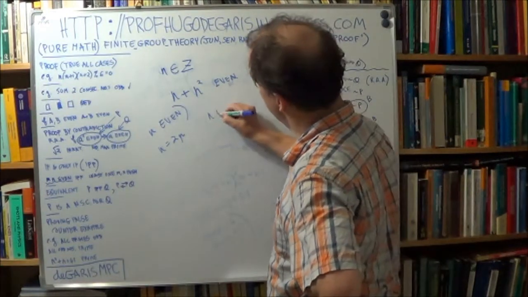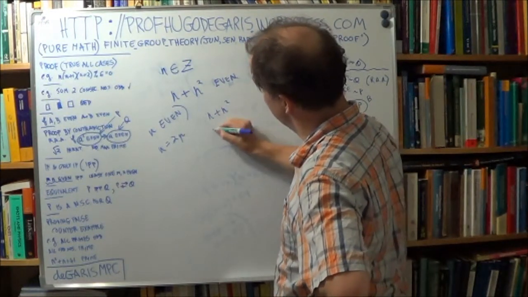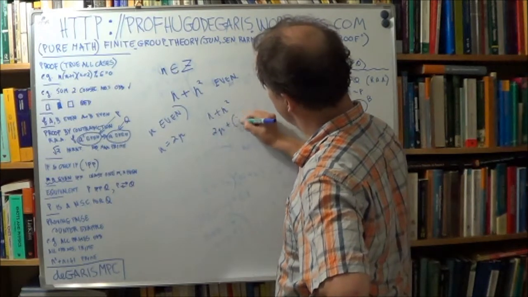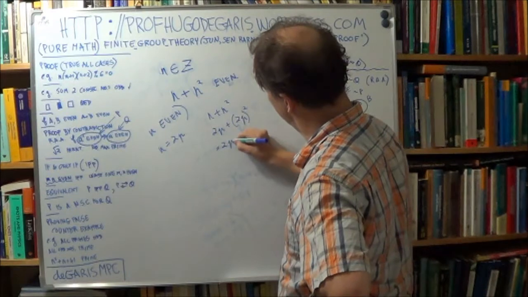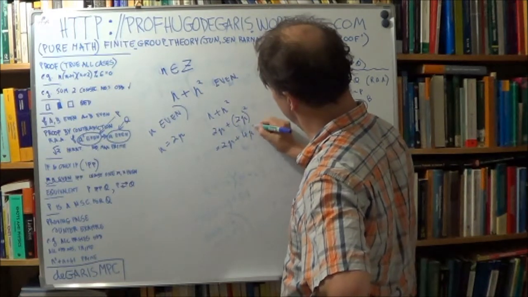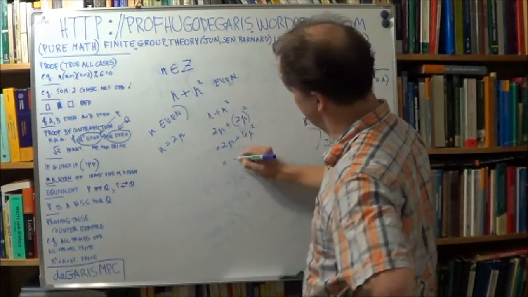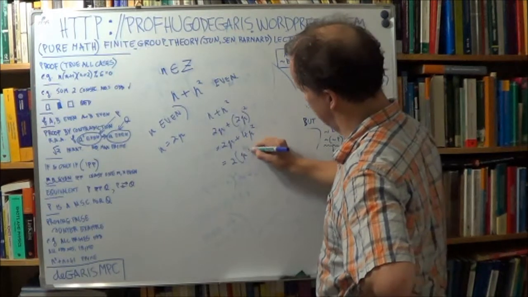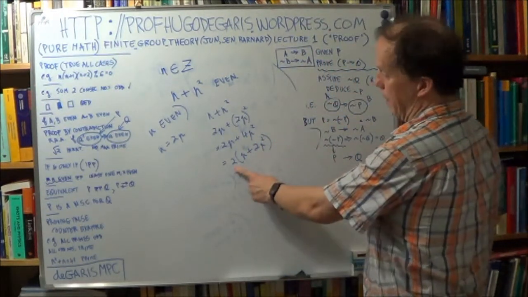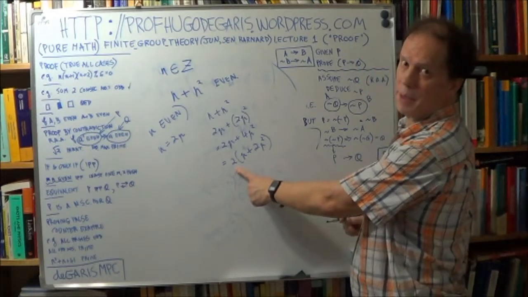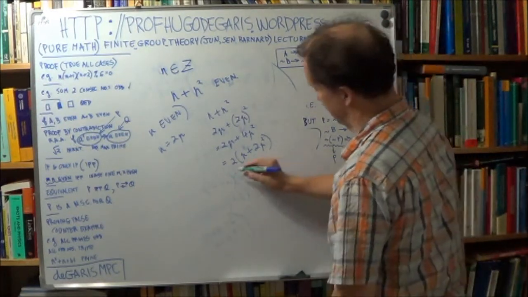So therefore n plus n squared is 2p plus 2p squared. Right? So that's 2p plus 4p squared. And you take the 2 outside, so you're left with p plus 2p squared. Okay? And whatever this is, you multiply it by 2, so it's even.